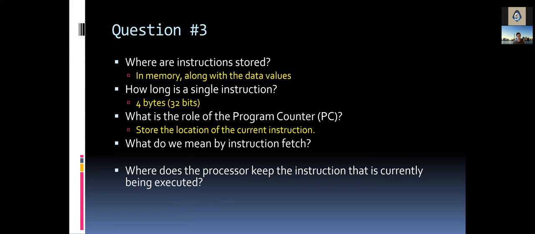It shows you the location of the current instruction, right? And as you read it, then you move it to the next instruction. So you're not completely incorrect. It stores the current instruction at the beginning of processing. As you start to process, you push it to the next instruction. Remember, +4, it's the next instruction, right? But at the beginning of processing each instruction, it points to just that instruction. Okay, is this clear, guys? So eventually it changes to the next, but at the beginning, it's this precise instruction.